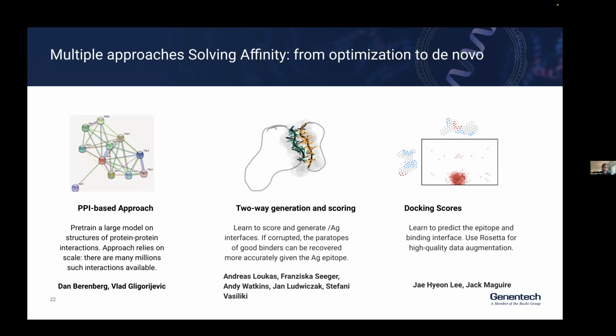Okay, so once we have these things, then we do have to think about how to set up our push for general or target-specific affinity methods that are essentially the heart and soul of designing an antibody. At Prescient, we are integrated into Genentech in such a way that we're involved in a very large number of drug projects.